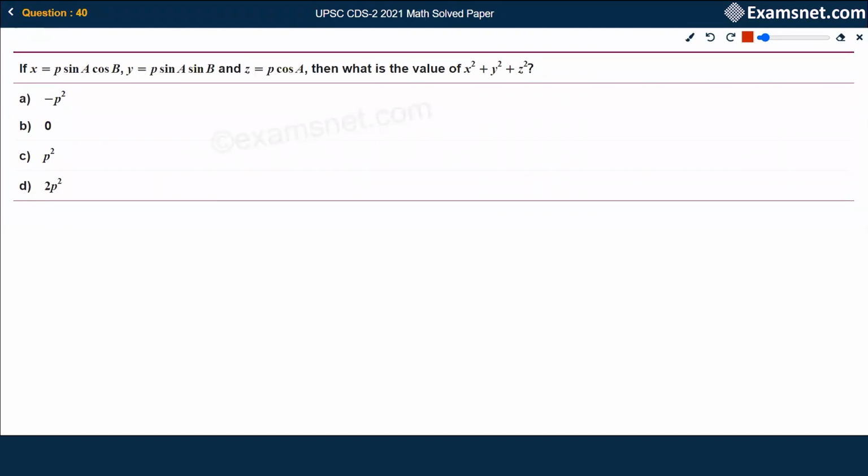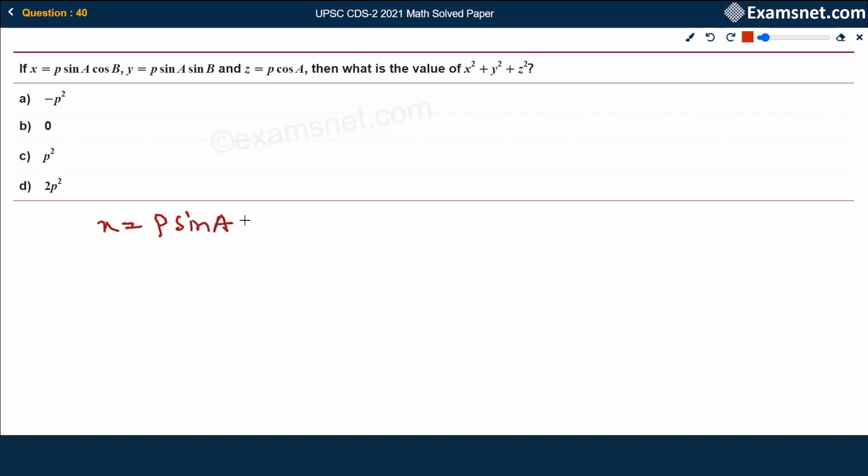In question number 40, it is given that x equals p sin a cos b, y equals p sin a sin b, and z equals p cos a. Then what is the value of x square plus y square plus z square? First, list up all the given information.